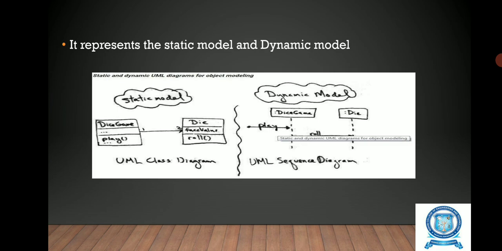In the static model we have a class diagram with class name DiceGame and operation play, and Die with attribute faceValue and the operation roll, that is a UML class diagram. In the dynamic model we have a UML sequence diagram which has DiceGame and Die, and the messages that get transferred are play and roll.